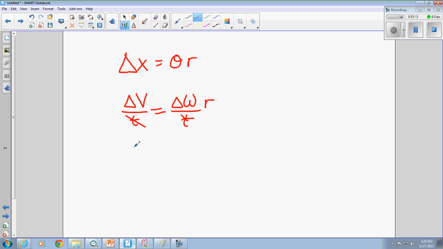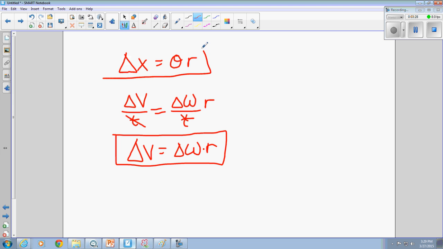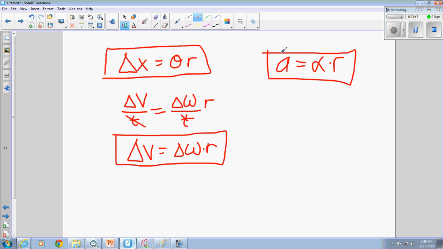Time would cancel out, and how do we relate velocity? The same way. So we have a way to relate velocity, we have a way to relate displacement, and if we did the same exercise with acceleration, we could relate acceleration the same way. These three formulas relate our translational properties and our rotational properties.